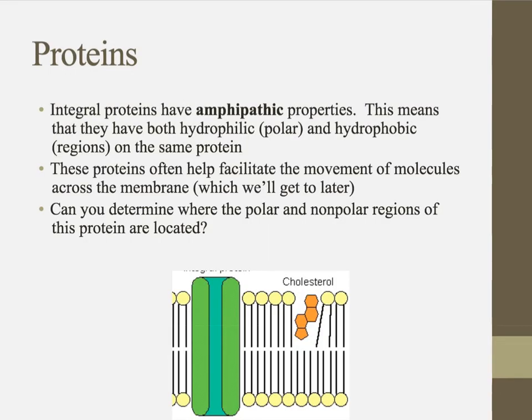All right, so let's talk integral proteins first. Integral proteins have a really cool property called amphipathic. Okay, amphi, like amphibians. Amphibians spend part of their life on water and part of their life on the land. So we're talking about both, the ability to live in both environments.